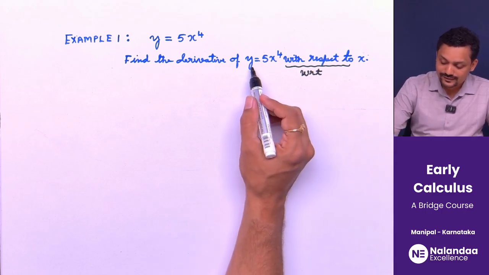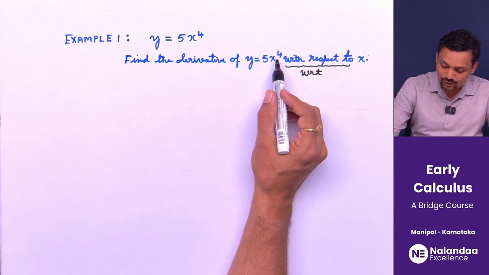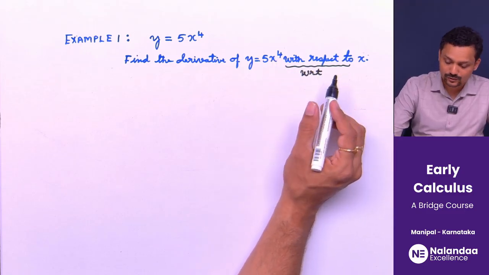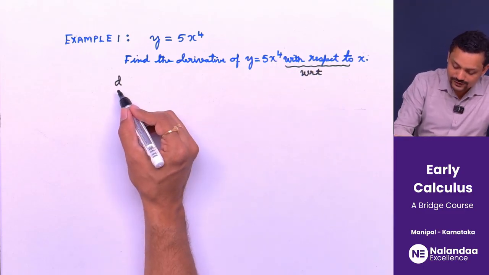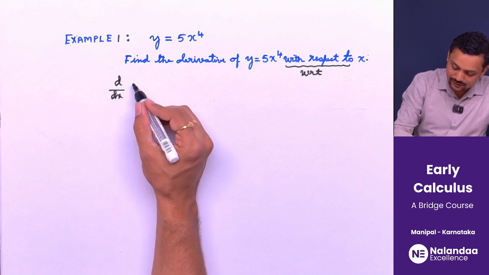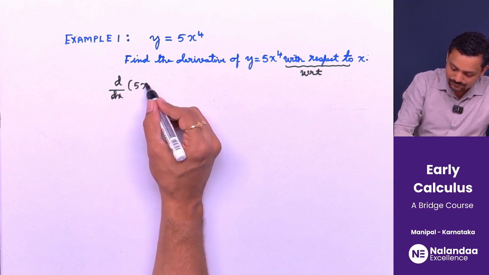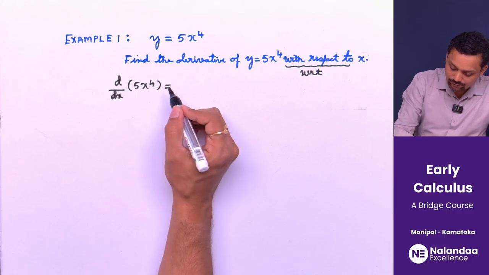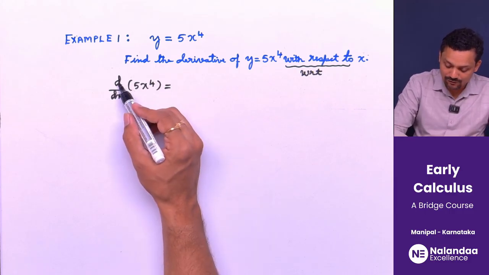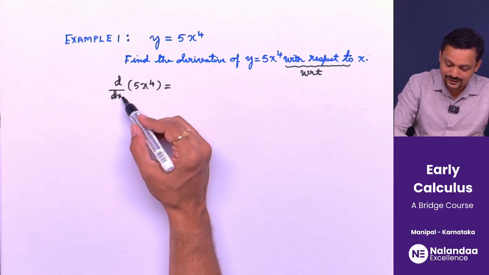Okay. Now let us see how to find the derivative of y equal to 5x power 4 with respect to x. That is, we have to find d by dx of 5x power 4. This is the way to write the derivative of 5x power 4 with respect to x.